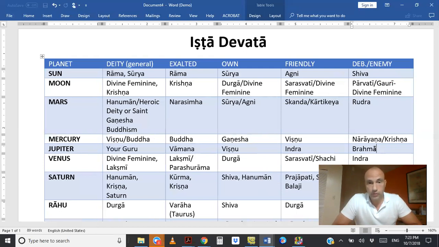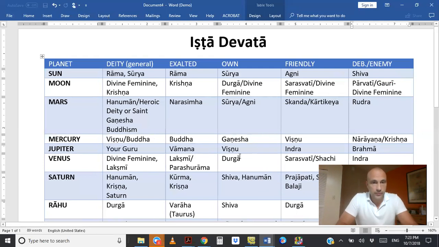This is Jupiter. Okay, so Jupiter indicates this connection, or Jupiter can also be Vedanta. So let's put this here.